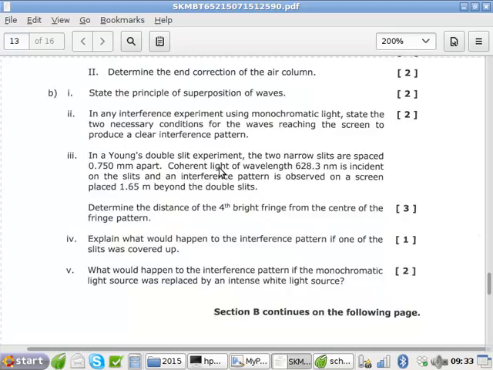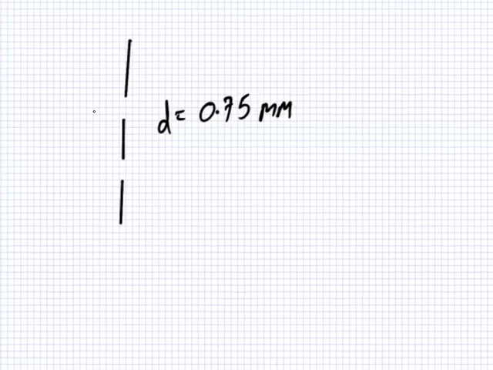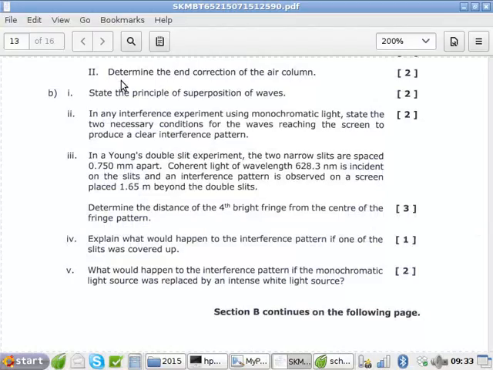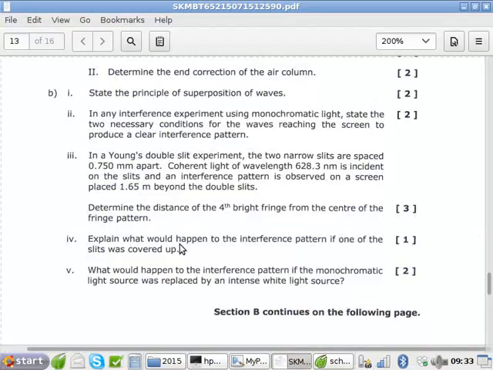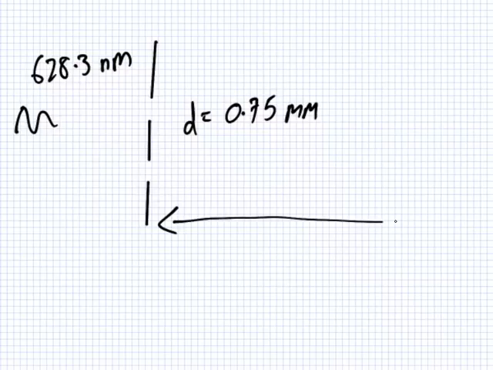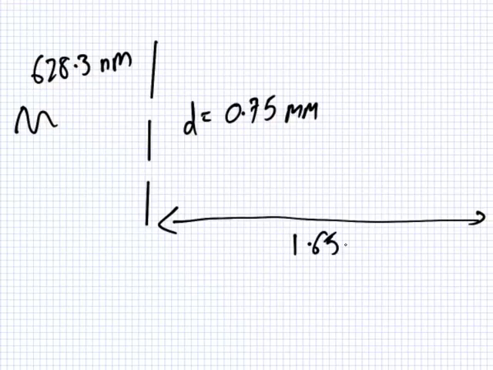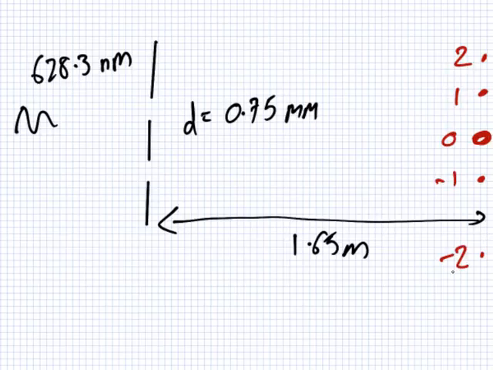The wavelength is 628.3 nanometers. And then the screen is 1.65 meters away. And then of course you know what happens. You get your dot here, and then dot here, and then dot here. And this is 0, 1, minus 1, 2, minus 2.